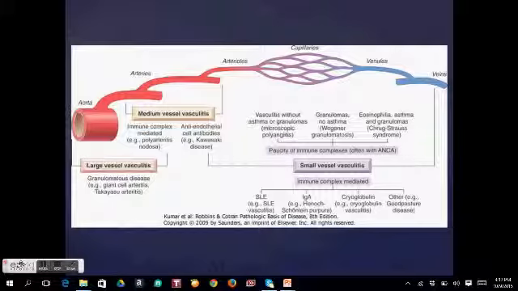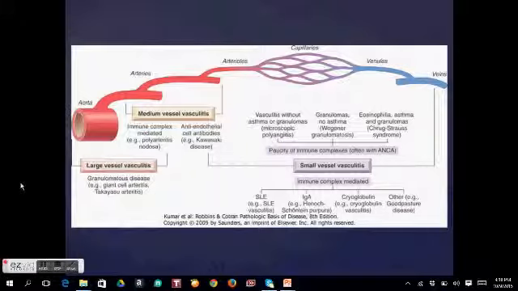So with that, we are going to divide different types of vasculitis into large vessel, medium vessel, and the small vessel vasculitis.